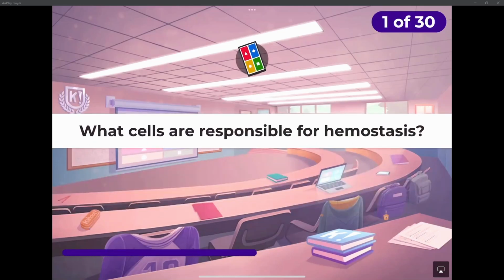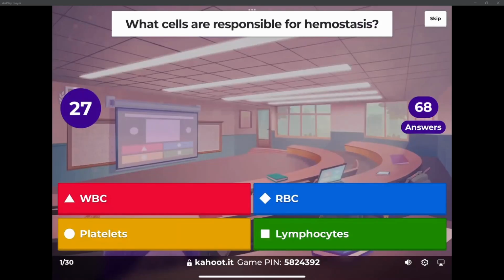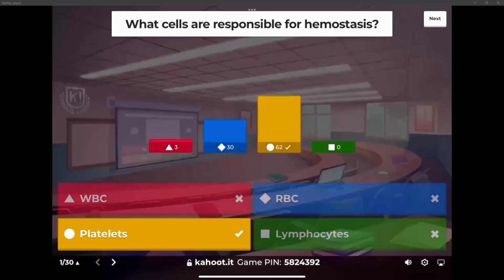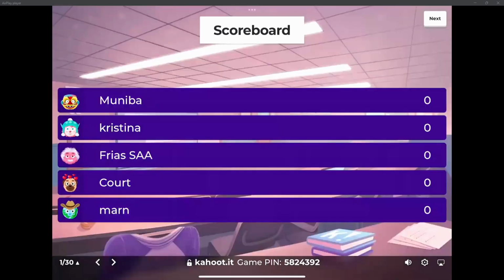What cells are responsible for hemostasis? What's the precursor to these cells called? Megakaryocytes, platelets. That's involved in hemostasis, stopping blood from bleeding out everywhere.